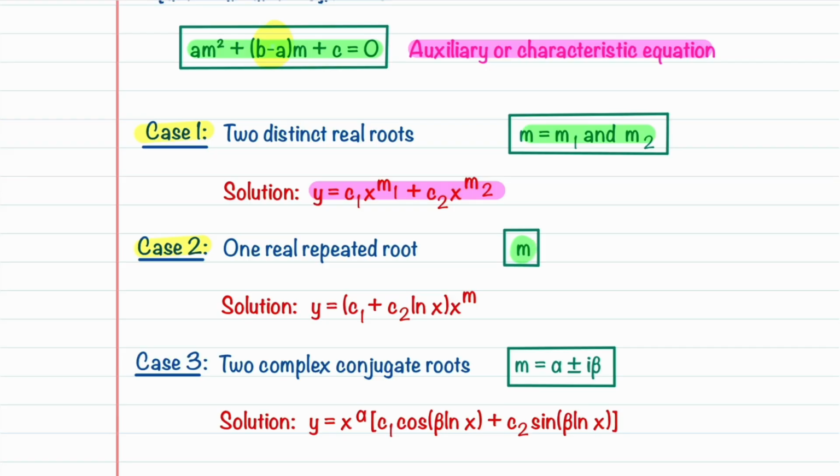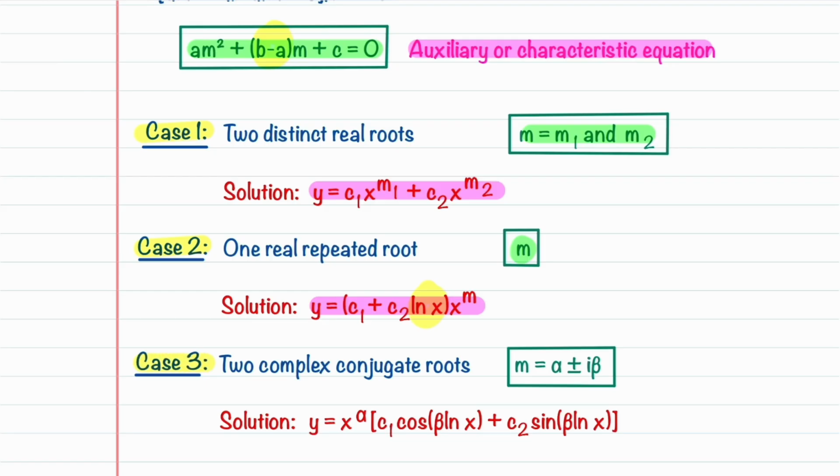The solution in this case is y is equal to the quantity c1 plus c2 natural log x times x to the m. Remember, with constant coefficient equations, you had a c2 times x, but now you have a c2 times natural log x.